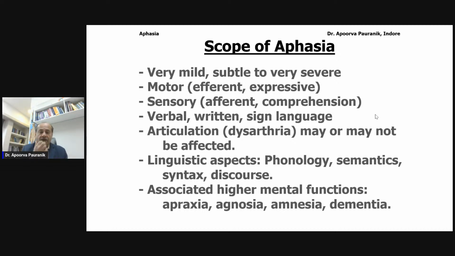Similarly, when we talk about speech and language problems and aphasia, we also pay attention to linguistic aspects: whether phonology, the sound pattern, semantics, the meaning of the words, syntax, the grammar, or discourse, the conversation, is affected.